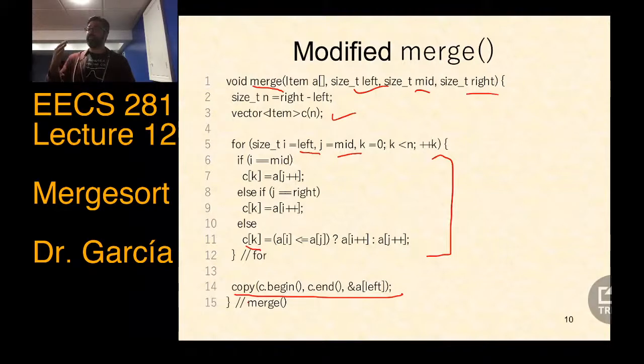So if the merge function ends, the vector C would be deleted, and so I need to copy all that data back into A, which is passed by reference. Therefore, what was given as an input array after the call to the merge function would be a sorted array as output.